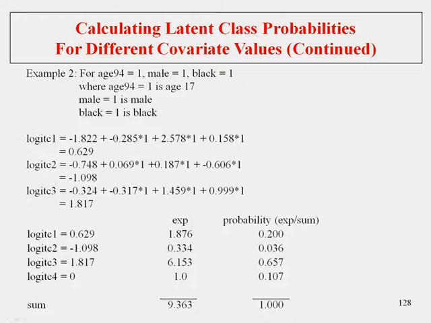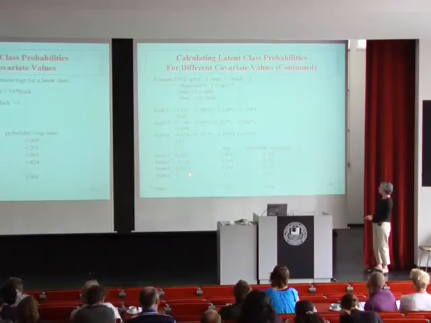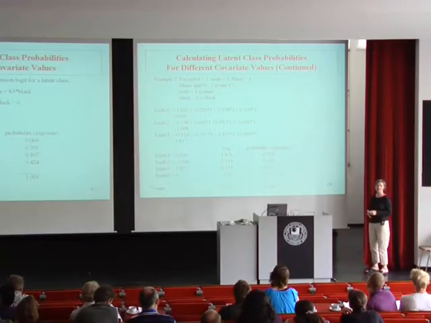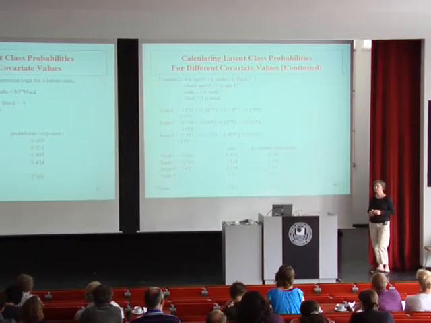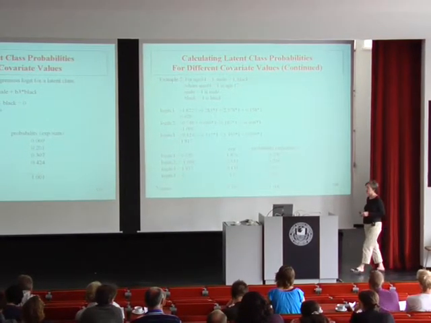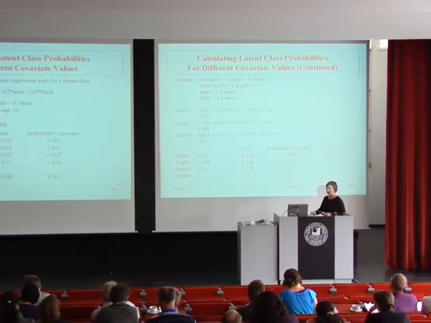It's the intercept plus the regression coefficient times 1 for each of the 3 covariates. And we get these values that we see here, and we go through the same procedure to get the probabilities. This is taken from Chapter 13 of the User's Guide.